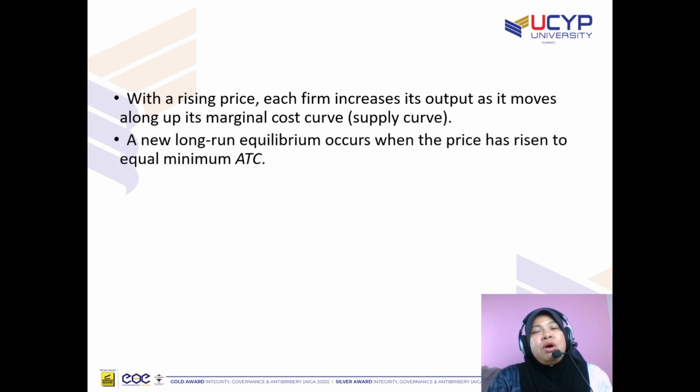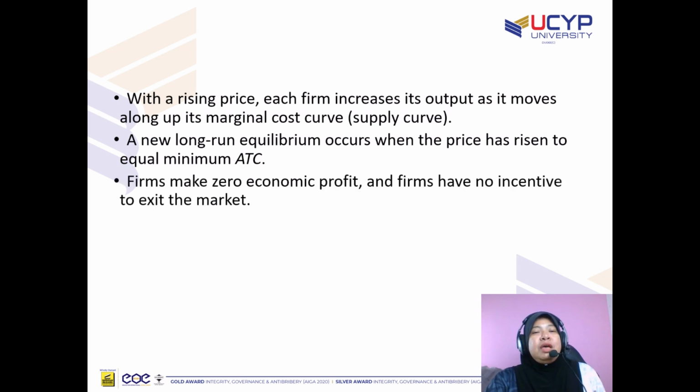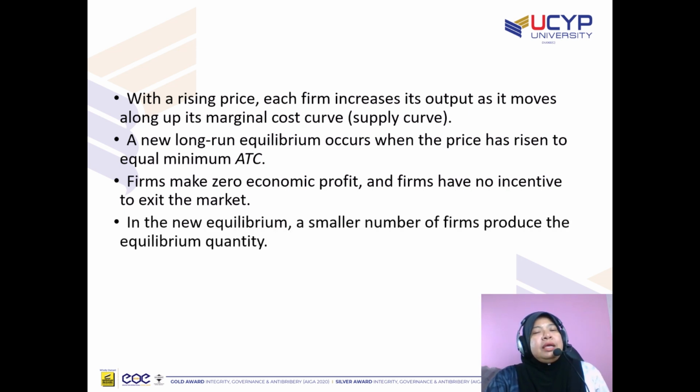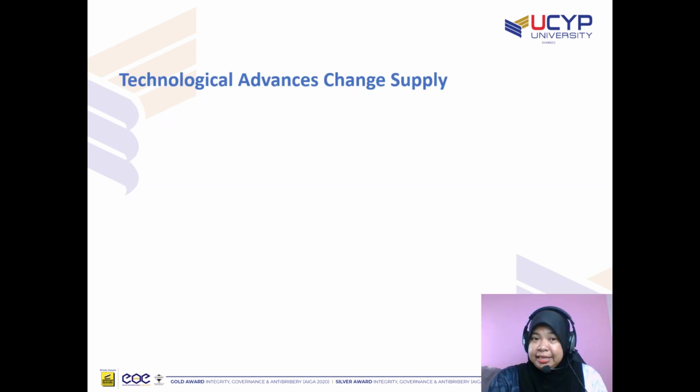A new long-run equilibrium occurs when the price has risen to equal minimum ATC. Firms make zero economic profit and have no incentive to exit the market. In the new equilibrium, a smaller number of firms produce the equilibrium quantity.